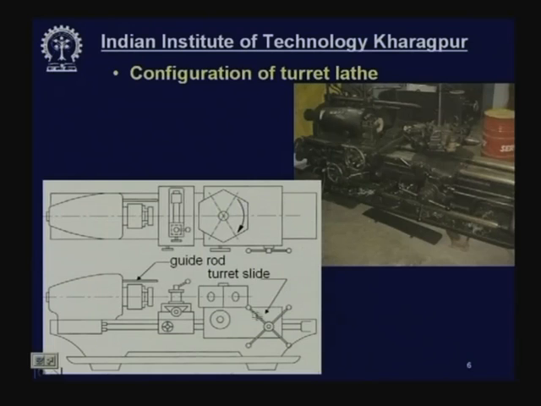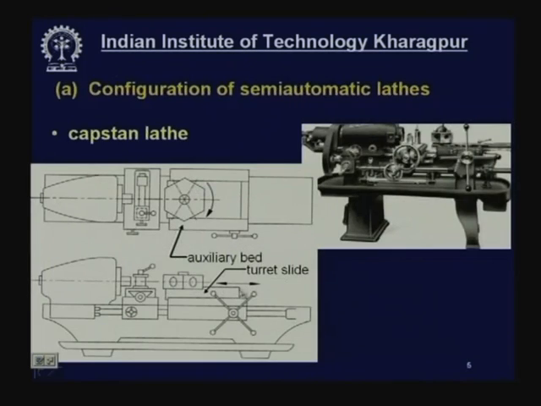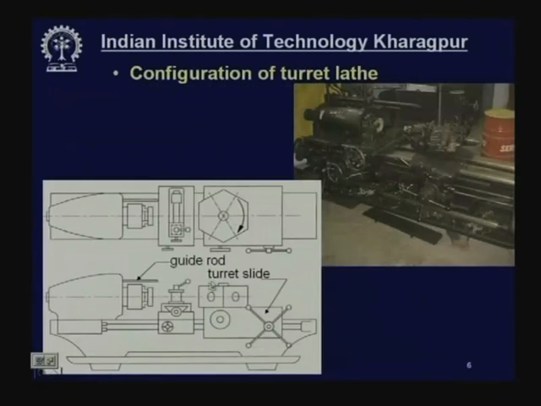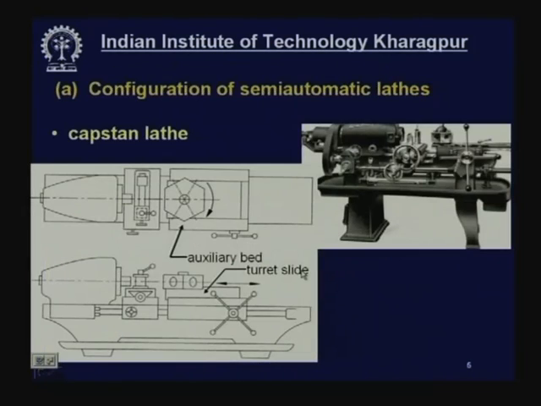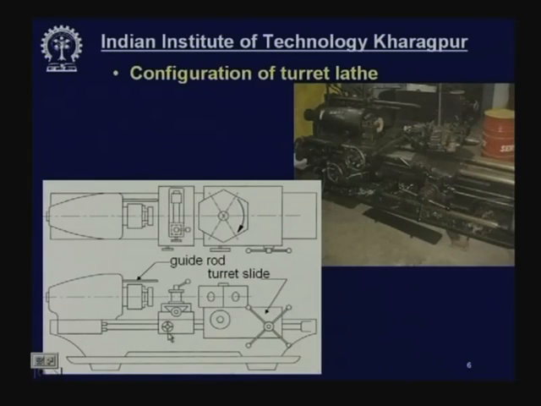Second, in the capstan lathe you noted that the turret is mounted on a slide and the slide moves on an auxiliary bed which is fixed on the bed at an appropriate place, and the length of stroke is small because it is low duty work. Whereas, in the turret lathe the turret is mounted on the saddle which directly travels over the bed with a large stroke length.